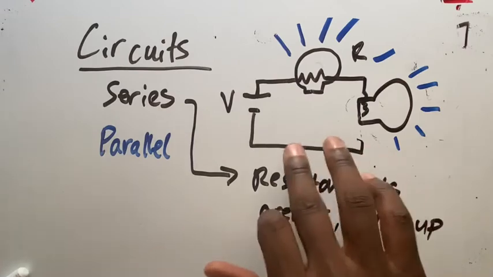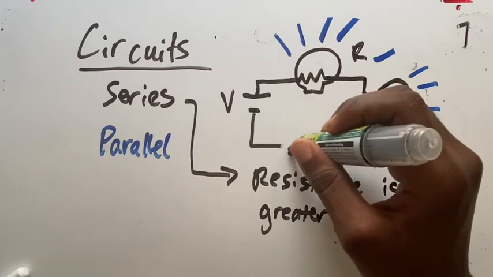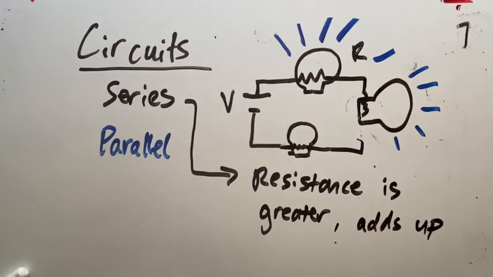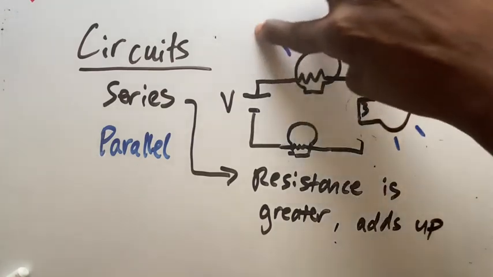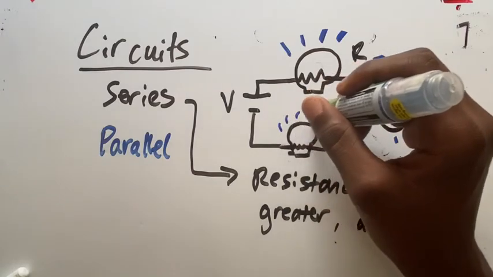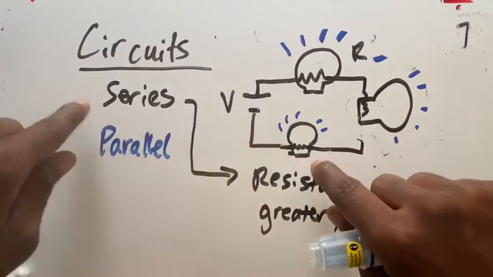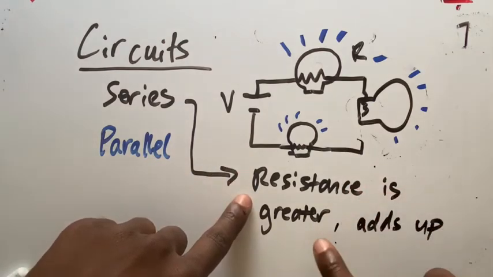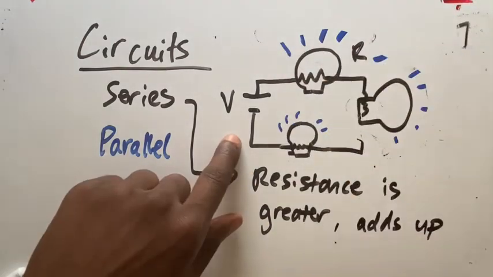If I also add a third light bulb, then all of them are going to become a little bit dimmer. So as we add more and more light bulbs in series, they become less and less bright because the resistance is greater and greater, or the resistance adds up. So that's for a circuit in series.